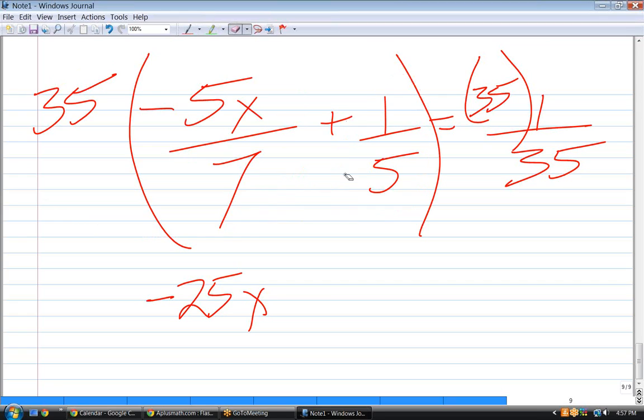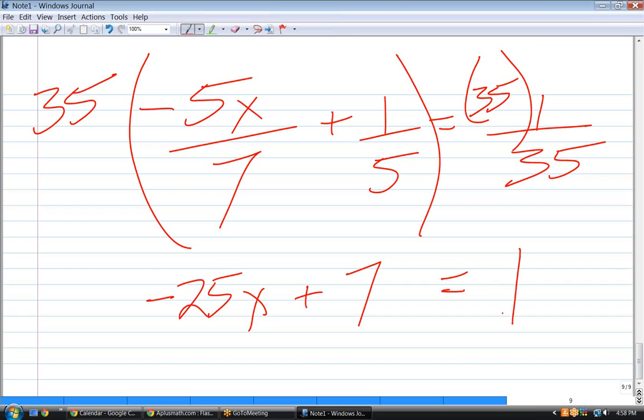What's that going to be? I don't know. What's 35 divided by 5? In other words, if 35 divided by 7 was 5, 35 divided by 5's got to be 7. Okay, that takes care of the whole left side of the equation. What's the right side of the equation become?